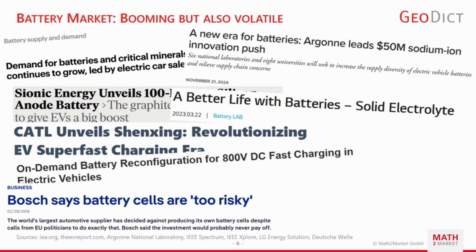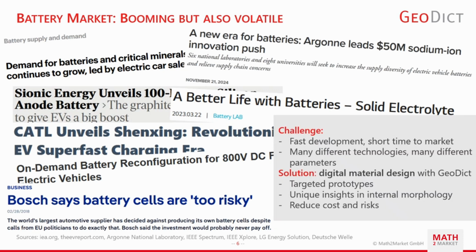Because if you want to catch up, you need to be really fast in the development, and the investment costs are also high. And we think here the digital material design can really be of help, because with digital material design, you get fast results, so you have a shorter time from research to the market, and you can test in digital experiments many different technologies.